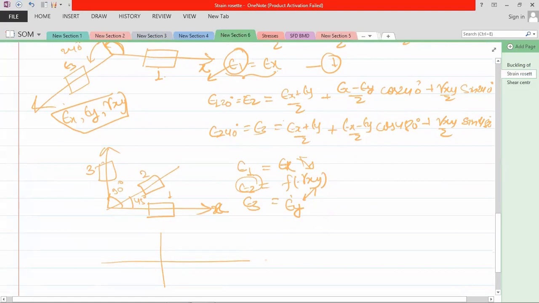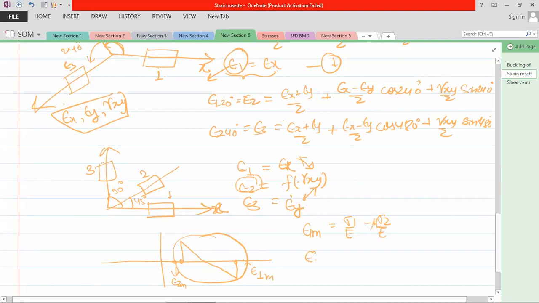So if I know epsilon x, epsilon y, and gamma xy, let us draw the Mohr circle. The circle will give at this point your maximum principal strain and your minimum principal strain. I should write them as epsilon 1m maximum, epsilon 2m minimum. Epsilon 1m is sigma 1 by E minus mu times sigma 2 by E. These are your equations.